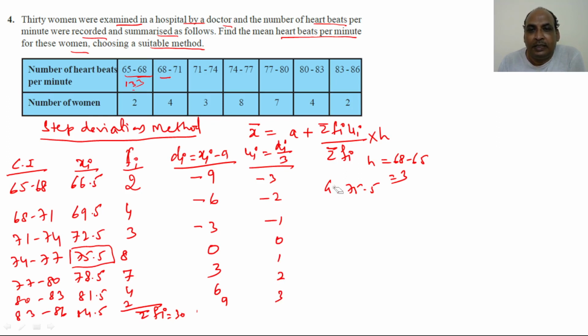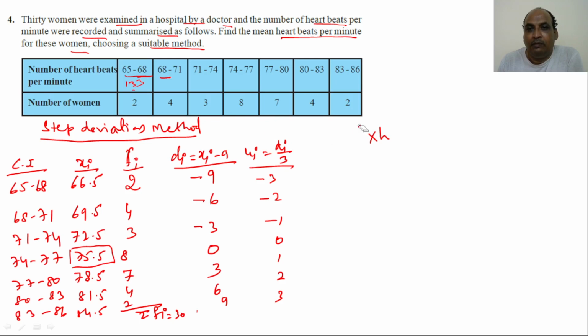Okay, correct. Let me erase this place. The formula you have already noted down, so no issue. I will write it again. Okay, now here we will be finding what?